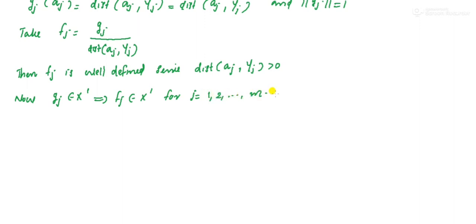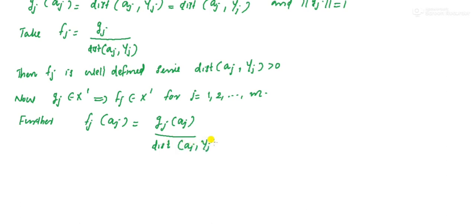Further, Fj of aj equal to Gj of aj divided by the distance of aj from Yj, that is equal to 1, right? Since this Gj of aj is actually the distance of aj from Yj. Okay, this is for i equal to j.